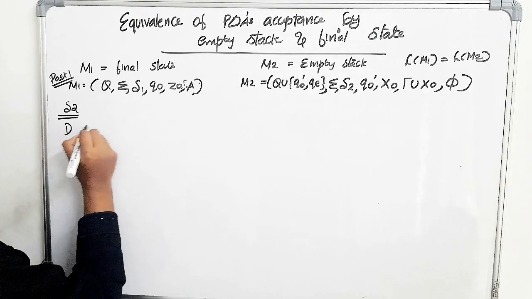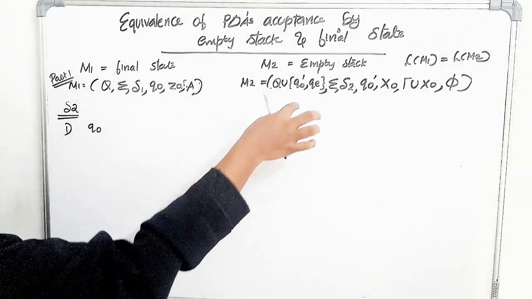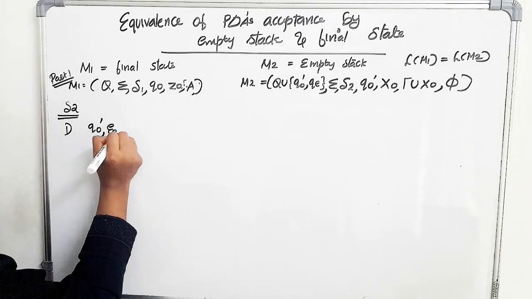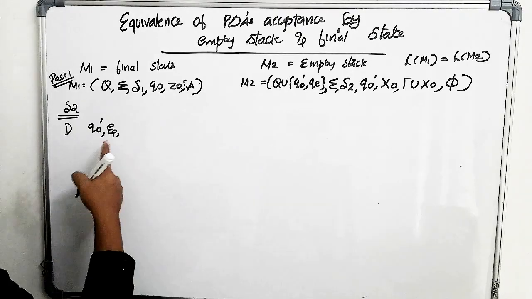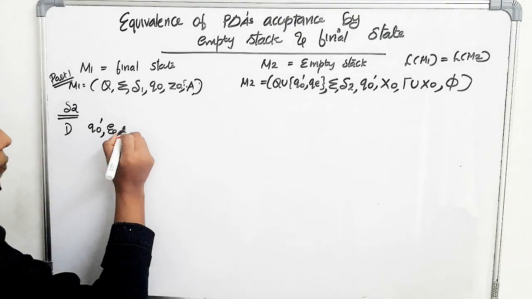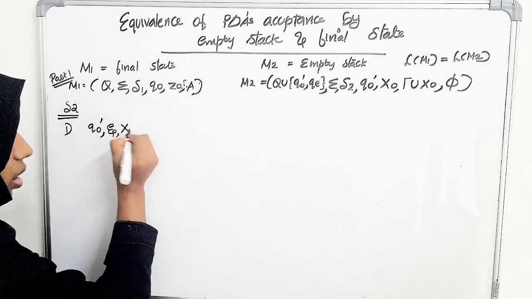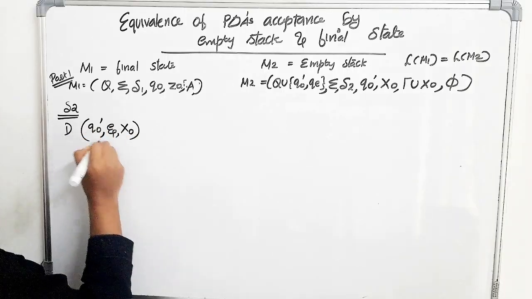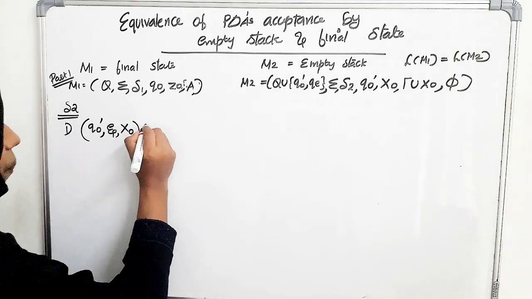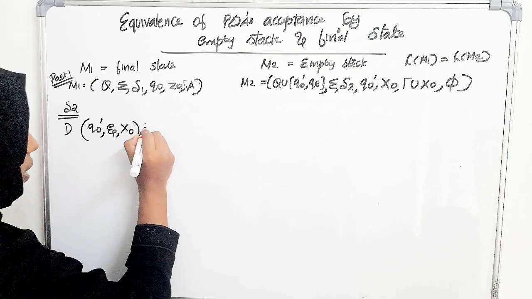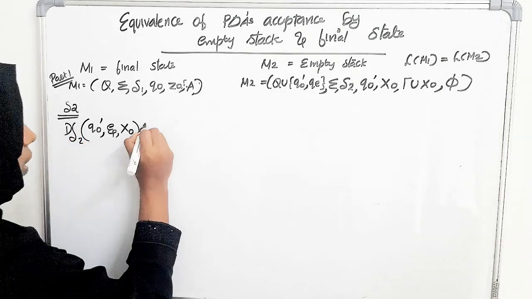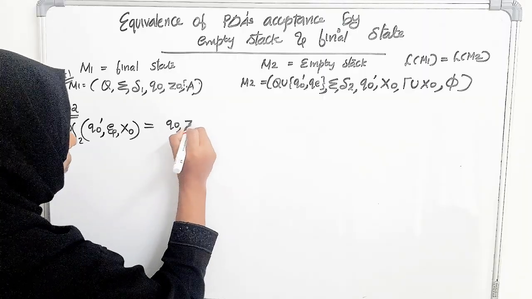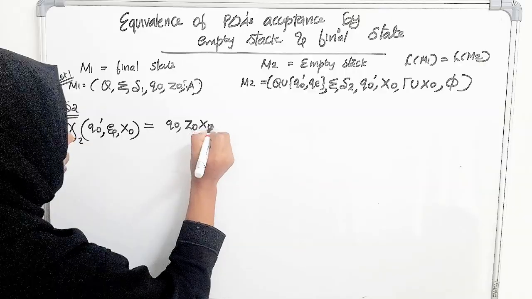The first transition rule: when you are at the start state Q0 dash, without consulting any input at all, with the start symbol X0 on top of the stack, we move to the state Q0 and push Z0 over the top of the stack.